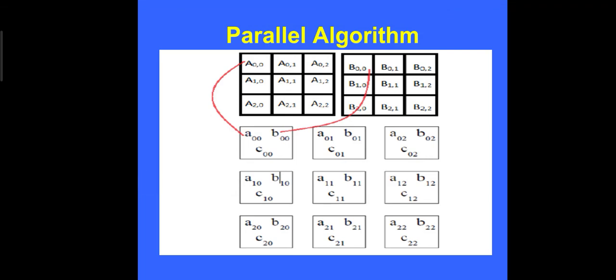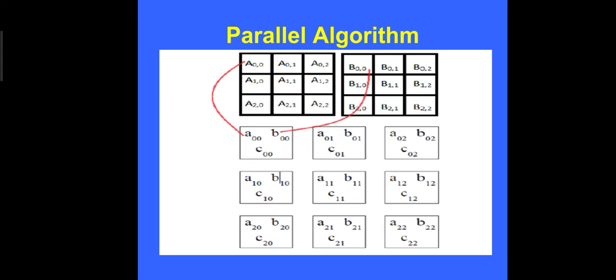The parallel algorithm here is, we will be given a matrix. It is divided into blocks such that matrix A is divided into 9 blocks and B is divided into 9 blocks. So let us take the first block of matrix A and the first block of matrix B, which is called C of 0,0.